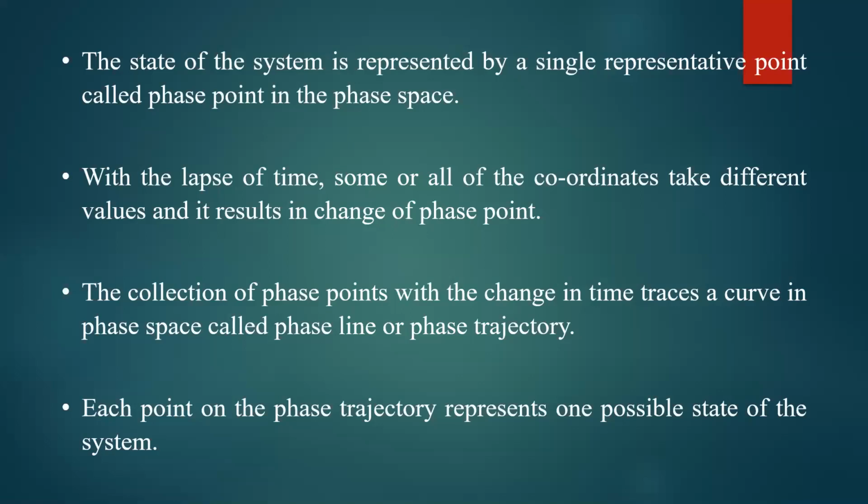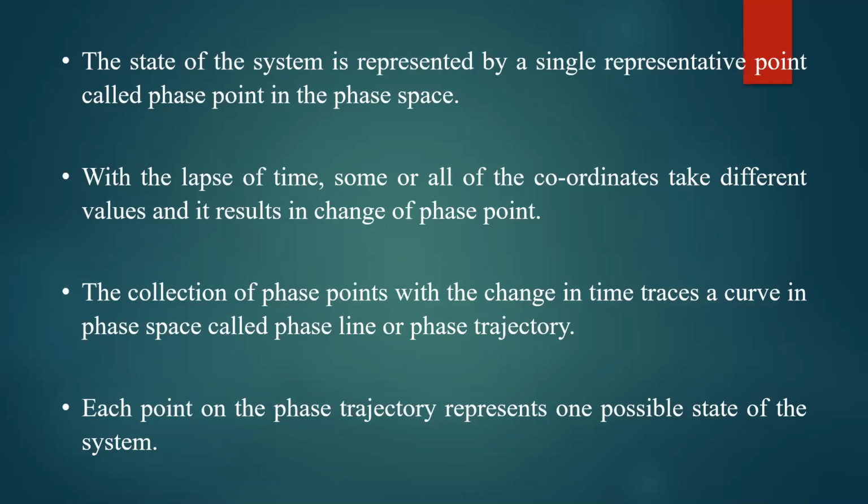What happens to the system is that its momentum and position keep changing as time runs. As time moves on, the coordinates of the system take different values. Its momentum changes, its position changes. Because of that, it goes to a different phase point in the phase space. A point in phase space is called a phase point.